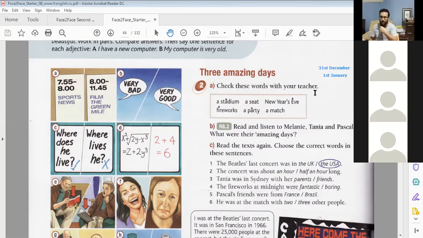Fireworks, do you know fireworks? Yes. So usually people have fireworks on New Year's Eve.